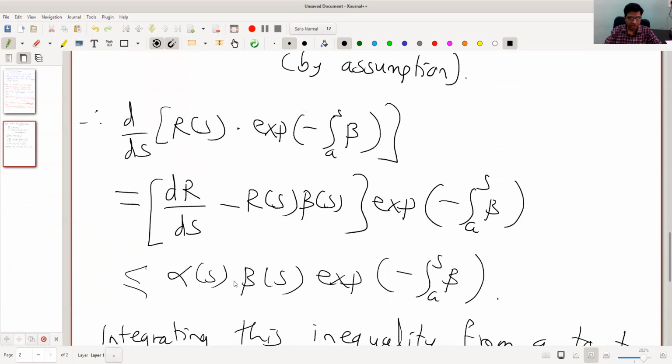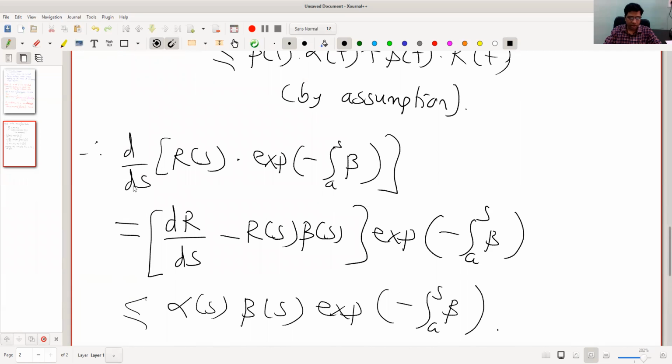What about the left hand side? We are integrating from a to t. This is a differentiation, so it is r of s into e raised to minus integral a to s beta, with limits a to t. If we put the lower limit, then this is e raised to integral a to a, that is e raised to 0, that will be 1, and this will be r of a.